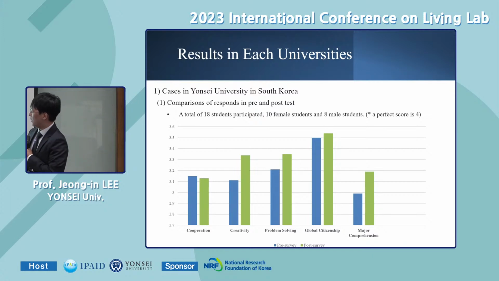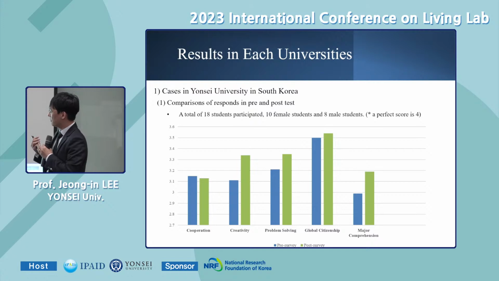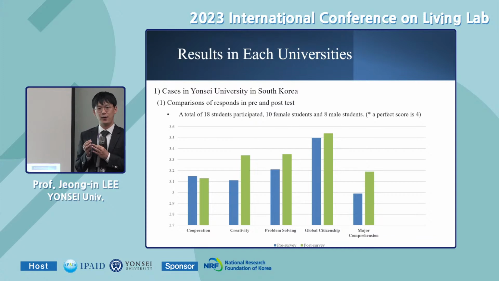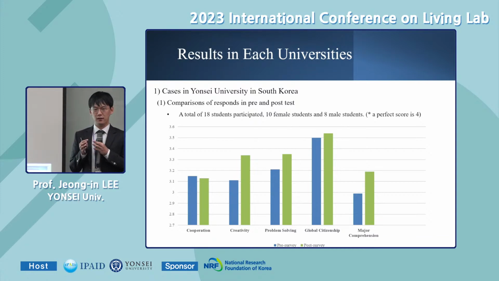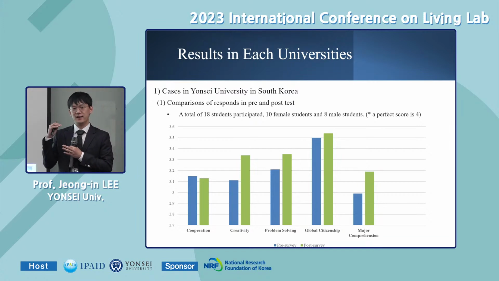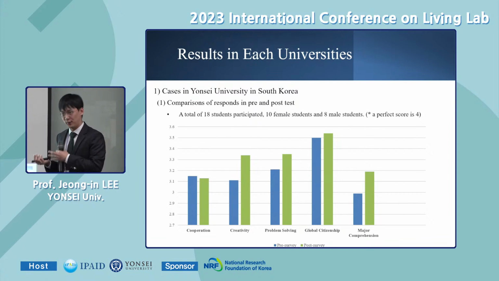The blue bar means the score in the pre-survey, and the green bar means the score in the post-survey. As we expected, we generally assume the score in the post-survey is higher than in the pre-survey, but things in real life don't always happen like this.